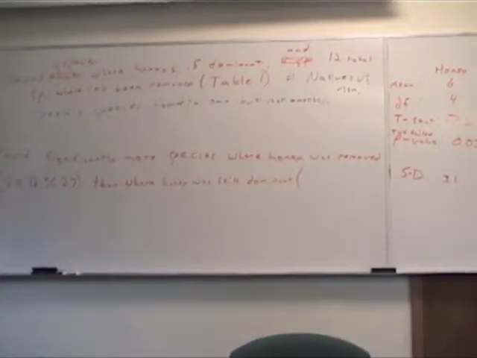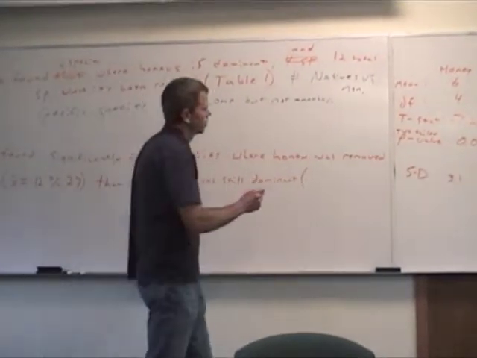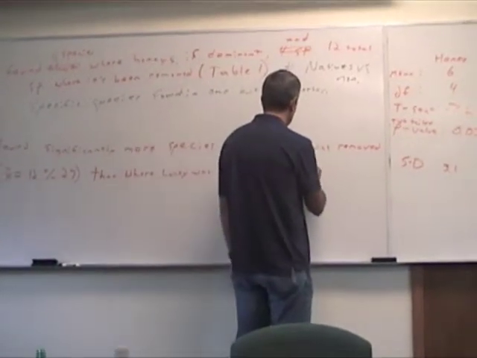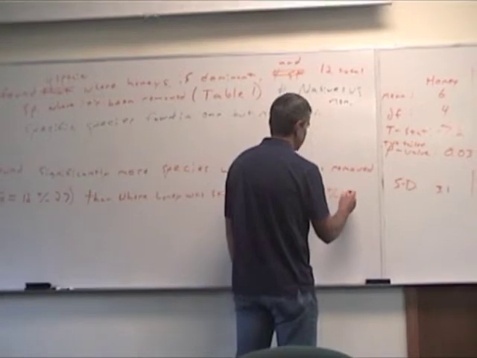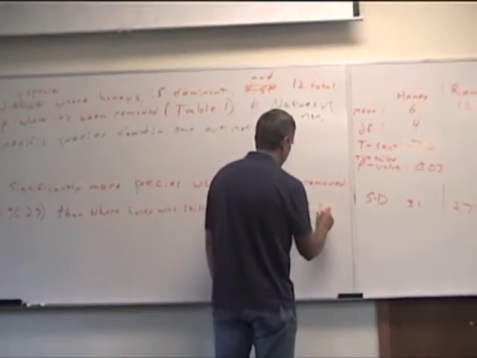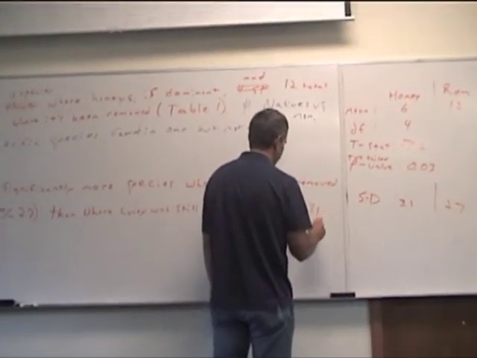You can put the mean for where it was still dominant here. X bar equals 6 plus or minus 3.1. That's the standard deviation.